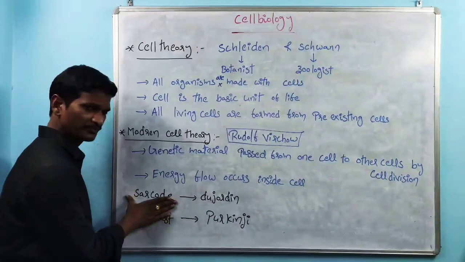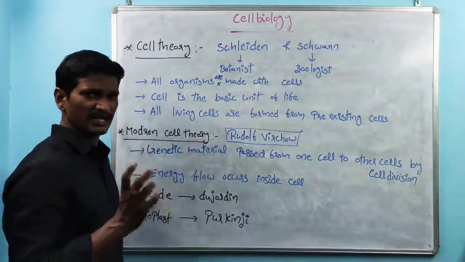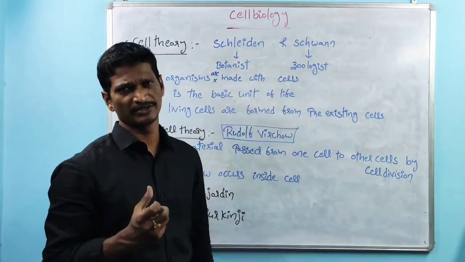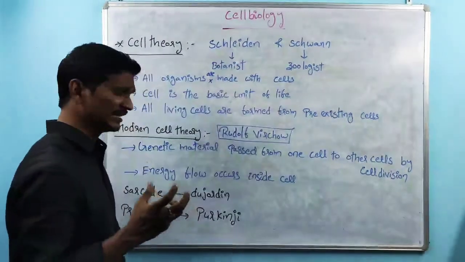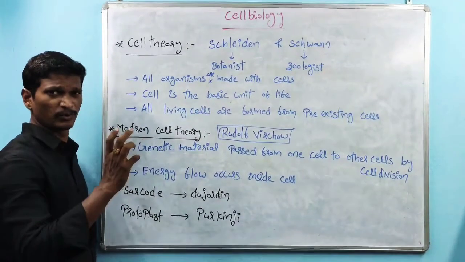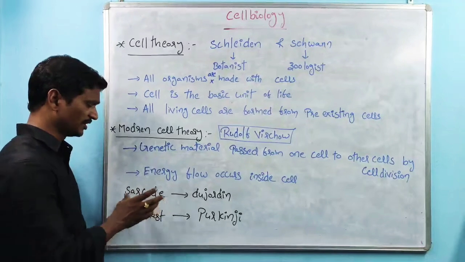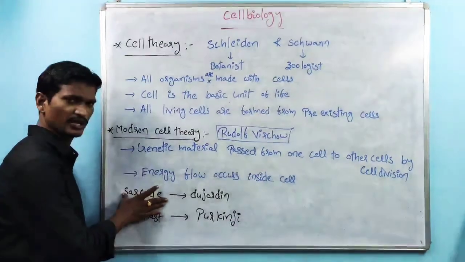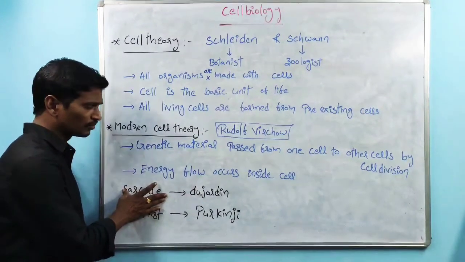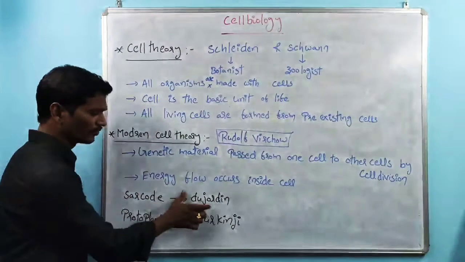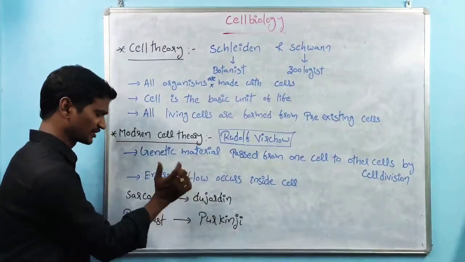And sarcode. What is sarcode? The cell contains gelatinous fluid. Whatever gelatinous fluid is present, that fluid was initially called sarcode. Initially it was not called protoplasm or protoplast. Sarcode is the word coined by Dujardin, the scientist.